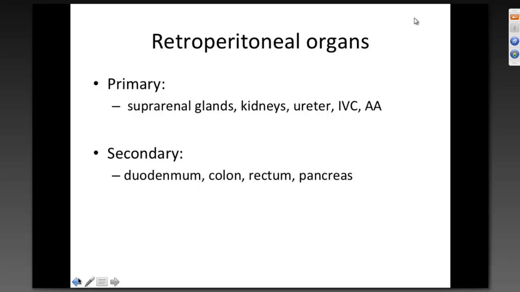So with the organs that are in the abdominal cavity, some of them are covered on only one face by the mesentery. Some of them are covered on more than one face. If it's only one face, then we call it true, or we call it primary retroperitoneal.